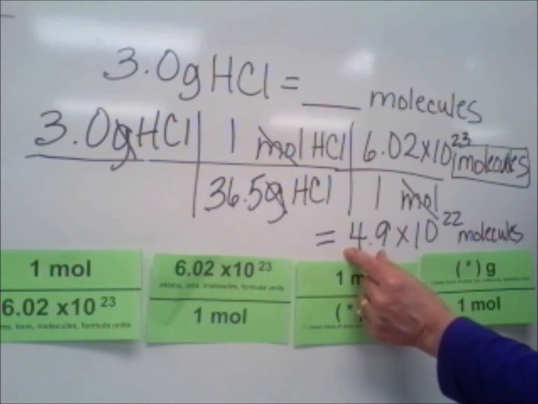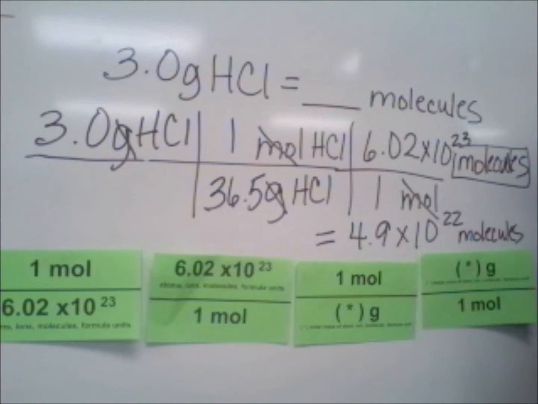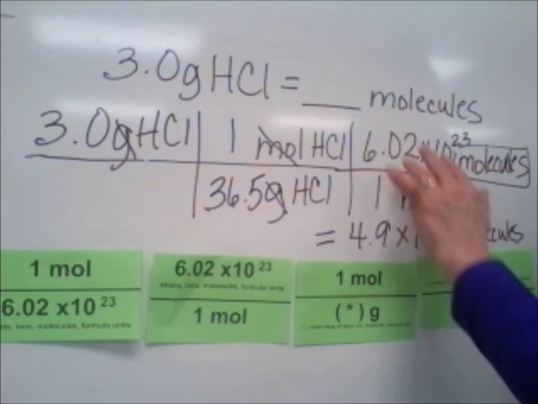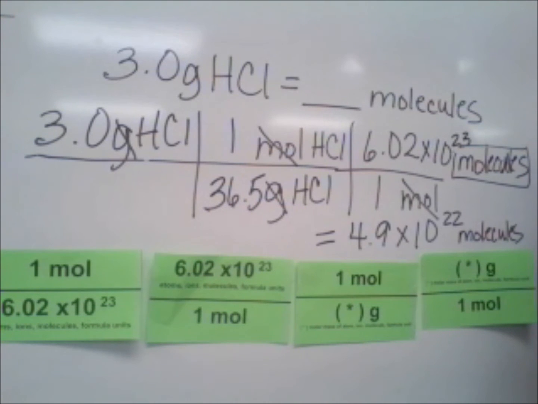We are going to maintain 2 significant figures because our original number up here had 2 significant figures and we cannot change that. So our conversion factor numbers here are not going to play into determining the significant figures of our answer.